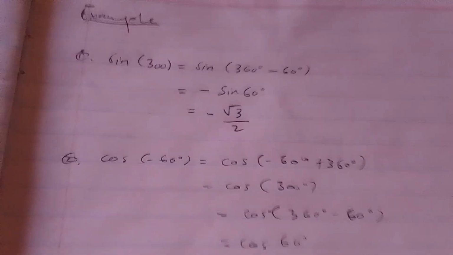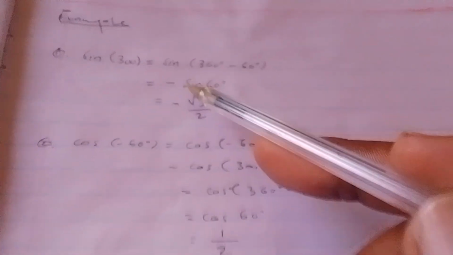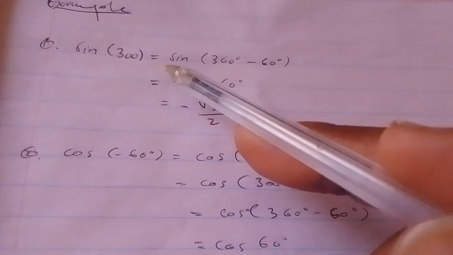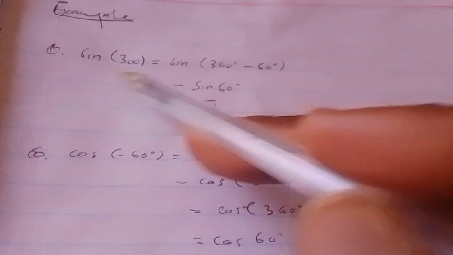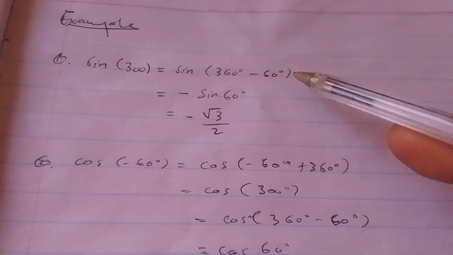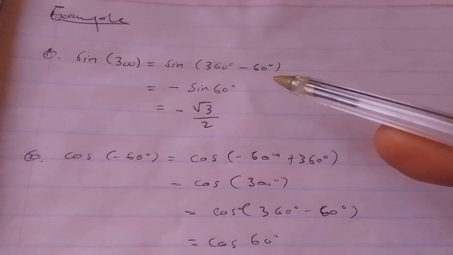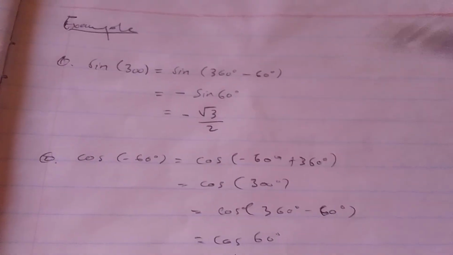Let's look for the angles that make 300. So it's 360 minus 60 degrees, because you just cancel the 60 here and you're left with 300.